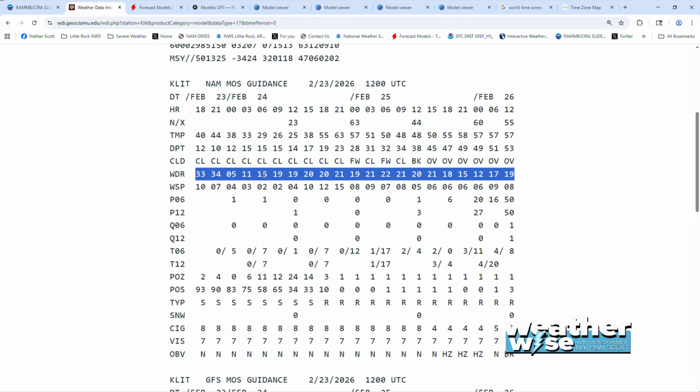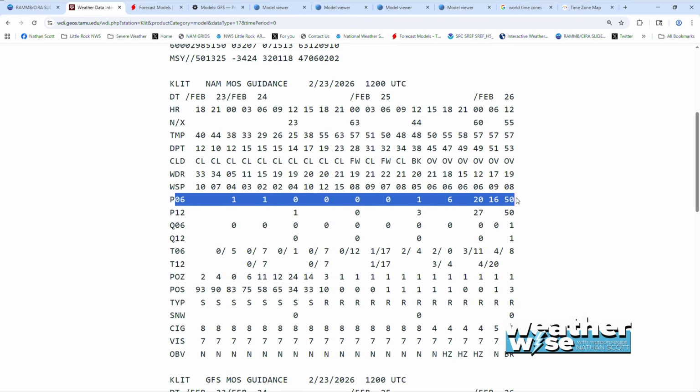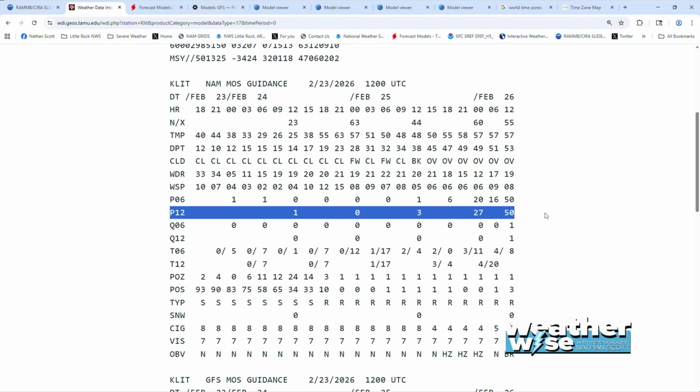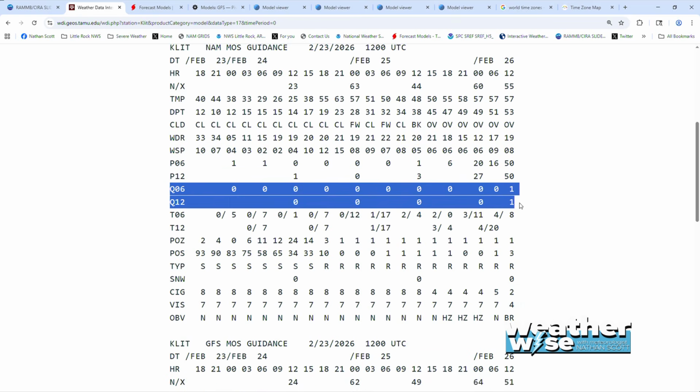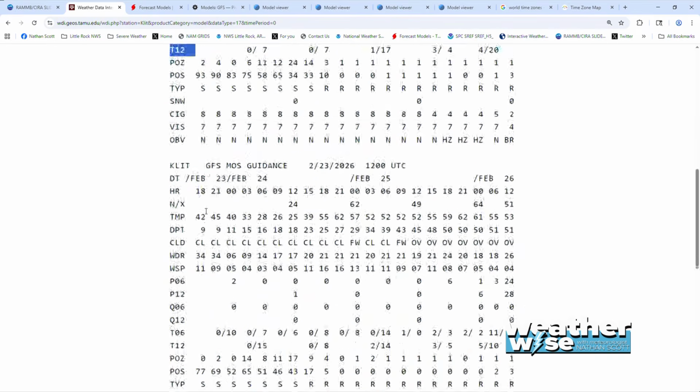So you're looking at this, and due south is going to be 180, due east is going to be 90, due west is going to be 270. Wind speeds, probability of precipitation, 6 hours, 12 hours, and then your QPF estimates, which would be like an inch, 2 inches, probability of thunderstorms, and then winter weather.